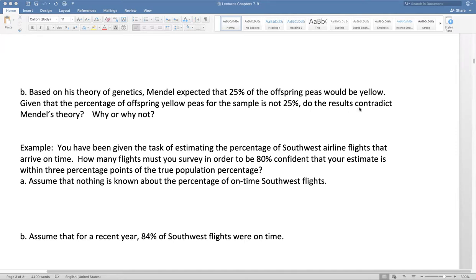So does the result contradict Mendel's theory? But when you look at the confidence interval, what we got is the CI of 0.6 to 0.8, right?